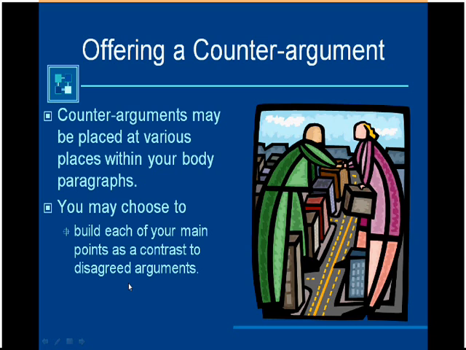So you can do whatever you like. Build each of the main points as a contrast, as I mentioned about 1 minute ago, where you put the main point and its contrast, or its opposite point or the negative points.